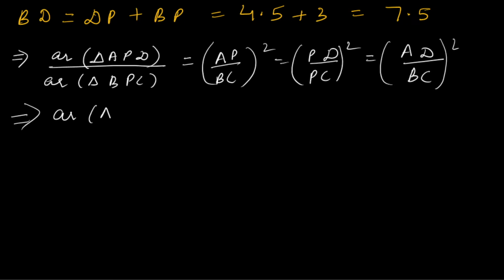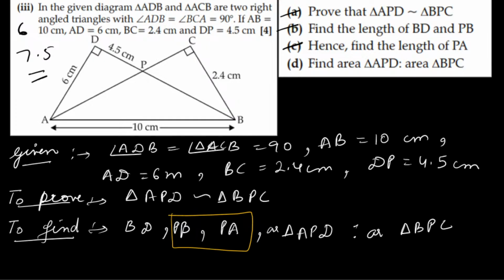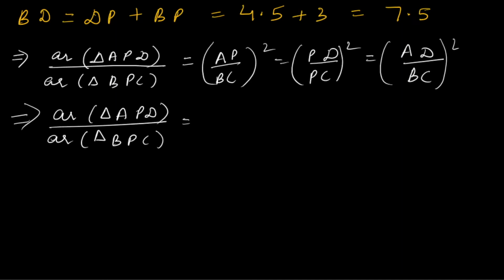So area of triangle APD by area of triangle BPC. Any one you can choose. So we know AD by BC. AD's value is 6 and BC's value is 2.4.